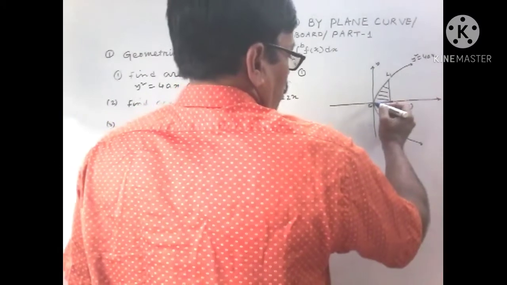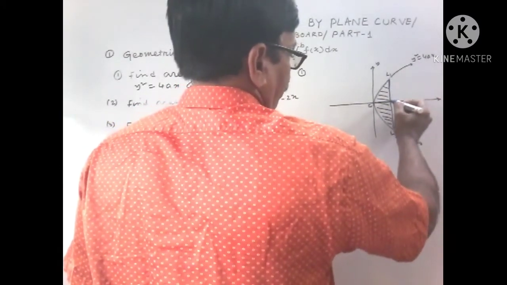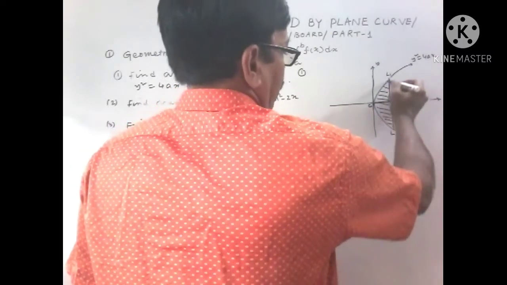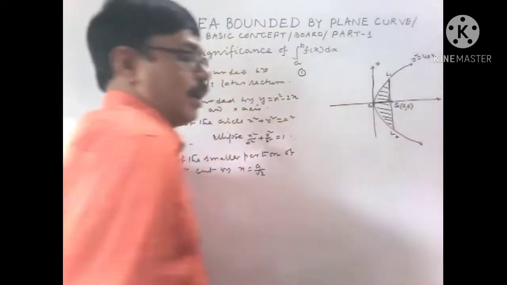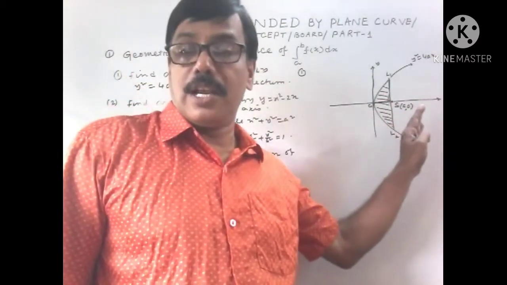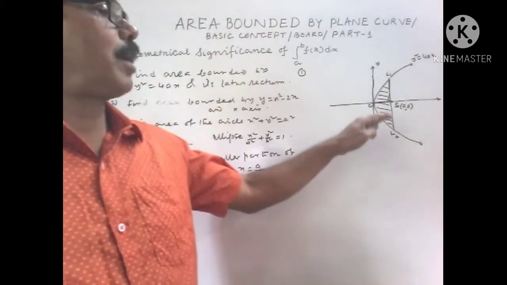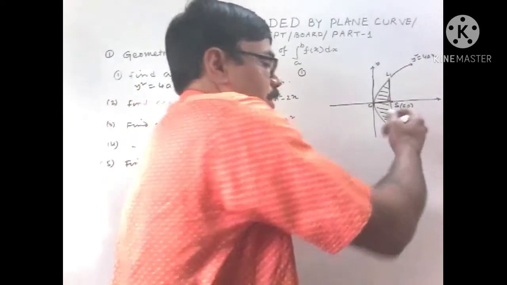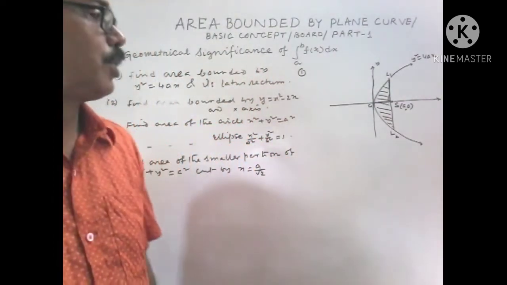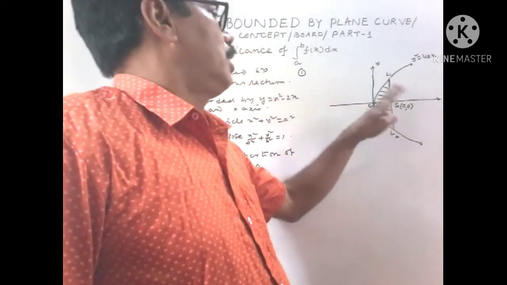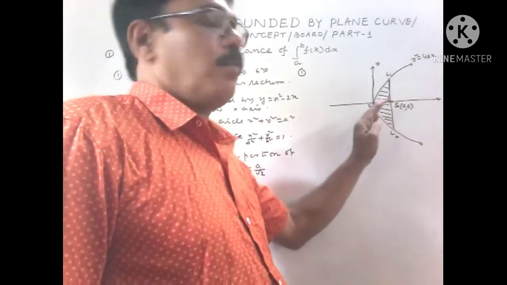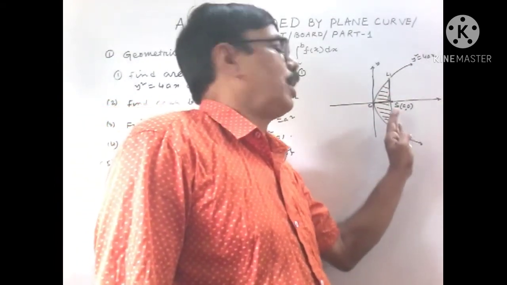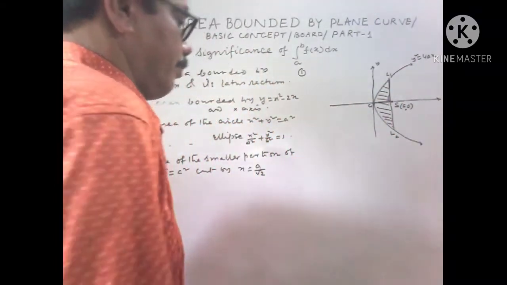So look, the portion above the x-axis, this one, is bounded by x equals 0, x equals a, and the parabola. Therefore, we can find the area of the portion above the x-axis. Now, due to symmetry, the area below the x-axis is also the same. So we have to multiply the area above the x-axis by 2 to find the total area.